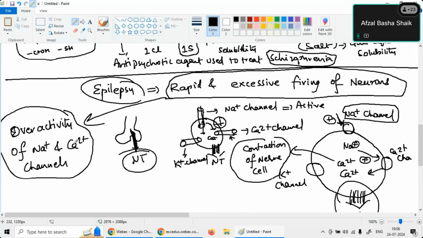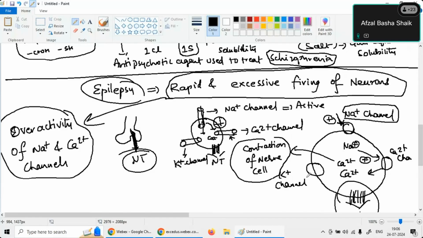If you have more sodium and calcium activity, the neurons are rapidly firing the neurotransmitter. Whenever the neurotransmitter levels are high, what happens to the balance of our physiological system? The balance of the physiological system will be lost. Whenever the balance is lost, automatically it may lead to what? Seizures. Whenever the seizures are high, ultimately it leads to paralysis of the patient, right?